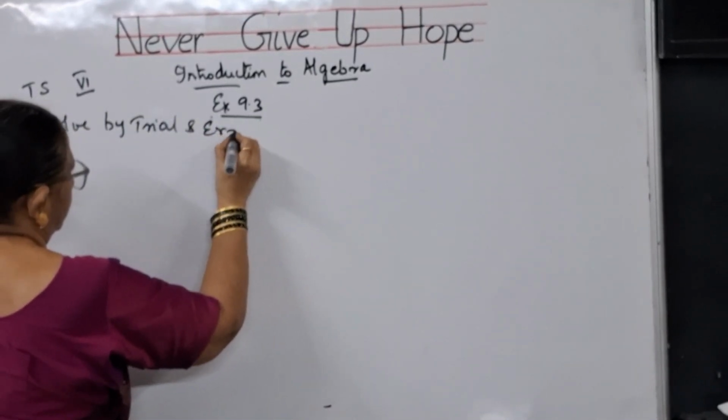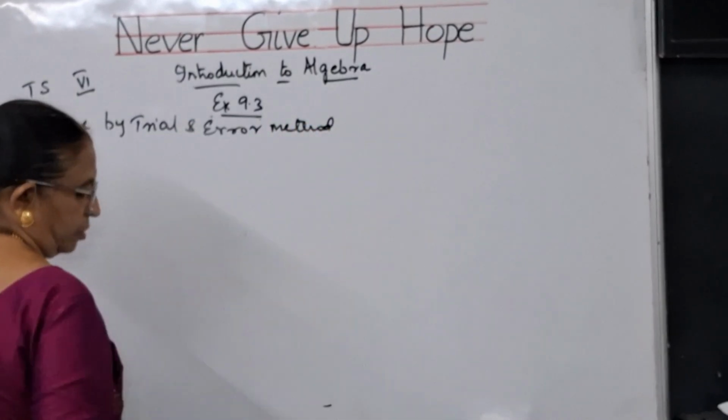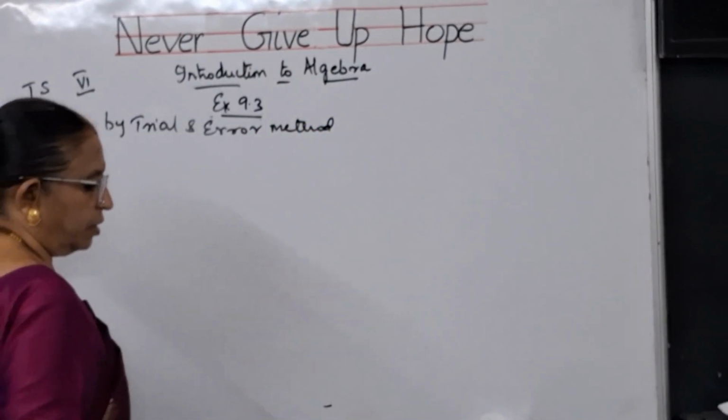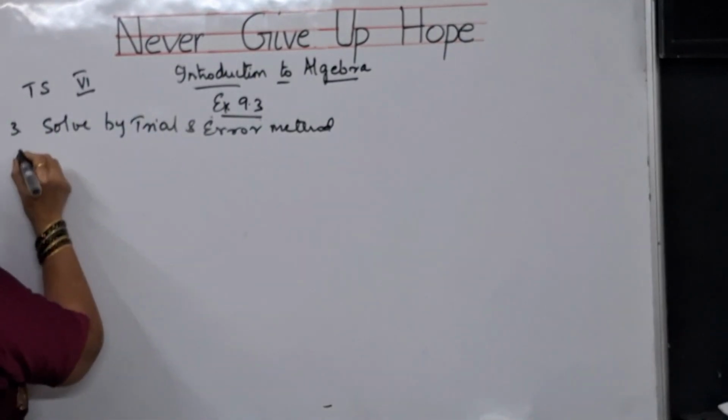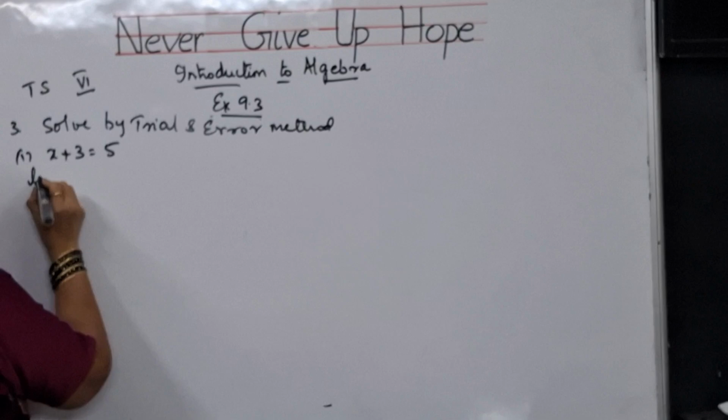Trial and error method. First bit, x plus 3 is equal to 5.